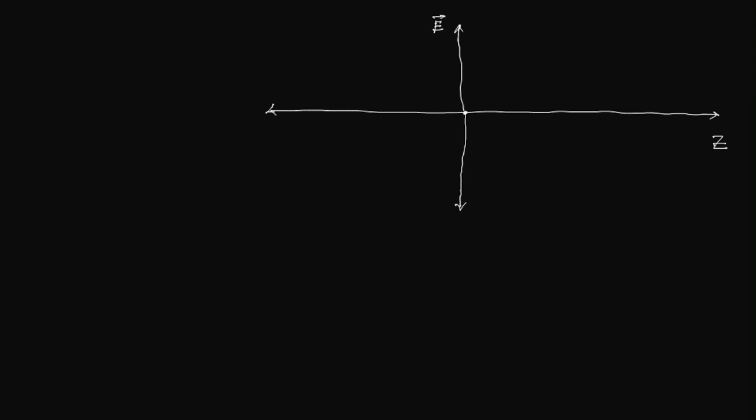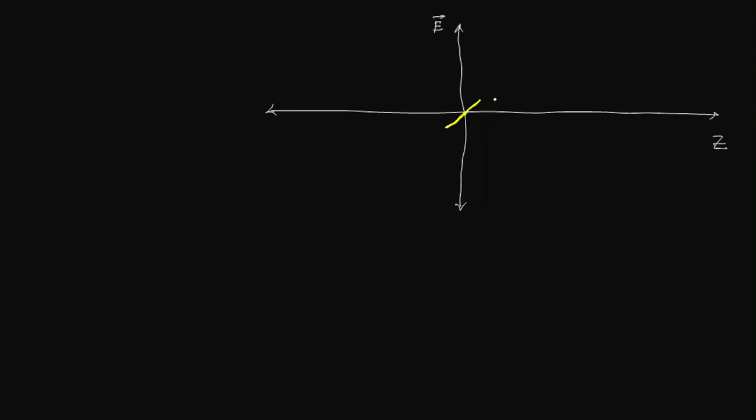Now as we increase the value of z, when z is much less than r, the electric field will linearly increase. In this direction it will be plus z cap, and in the opposite direction it will be minus z cap, so we have to draw it in this direction. So it is plus minus.